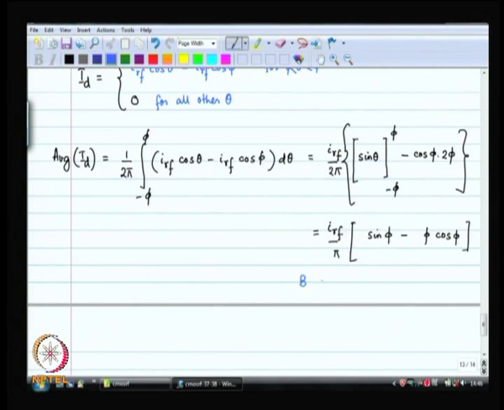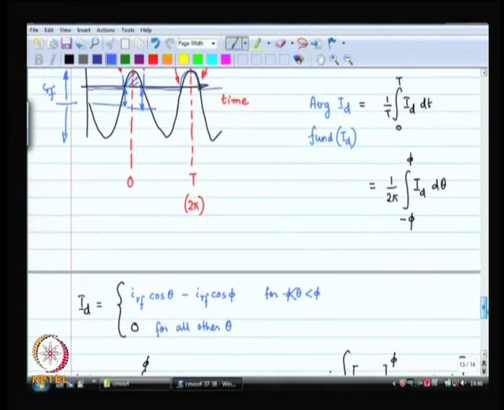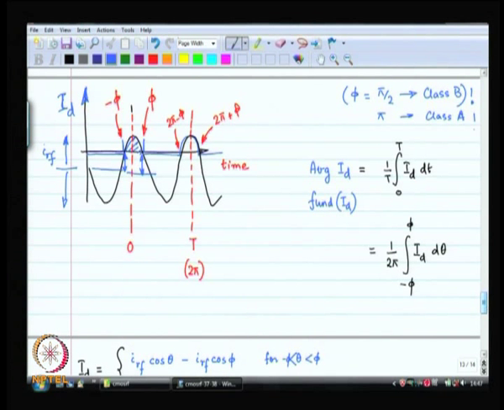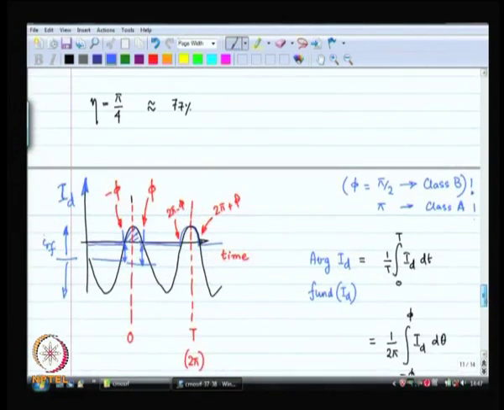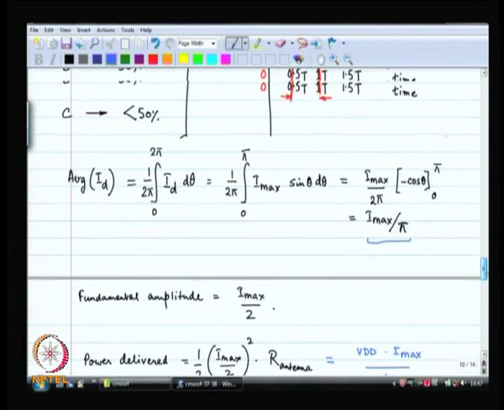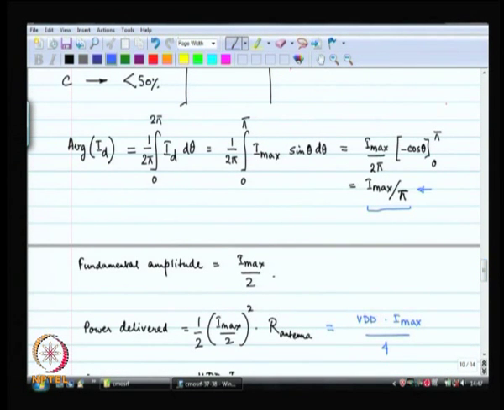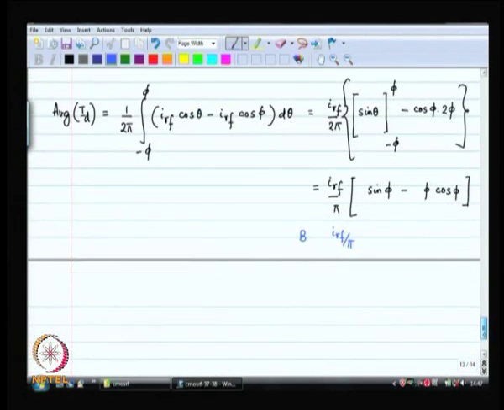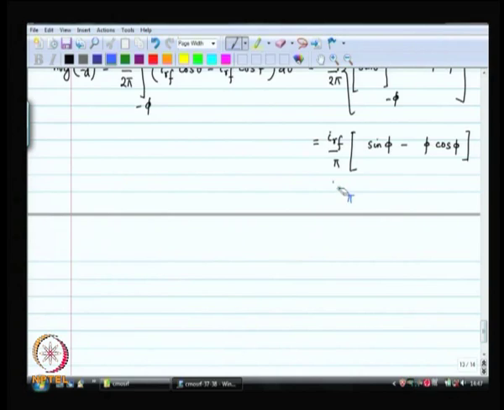Now, under this scenario, what is IRF? IRF is the amplitude of this sine wave, and the amplitude of that sine wave is going to be I max. So, basically I am going to get I max by pi, which is the old result. So, I am correct. So, this is my sanity check.